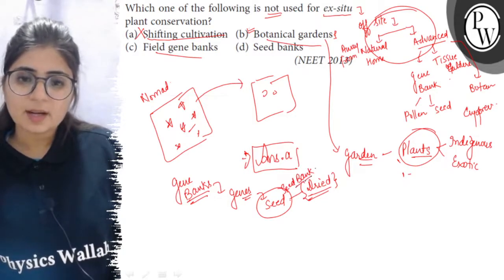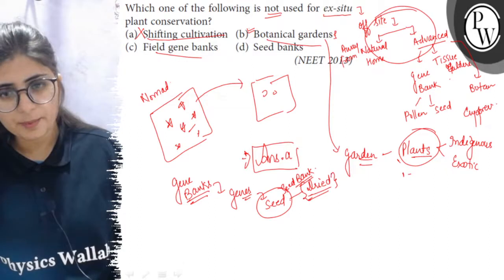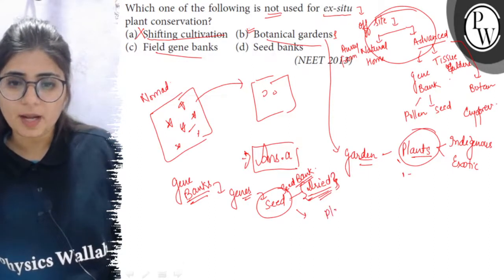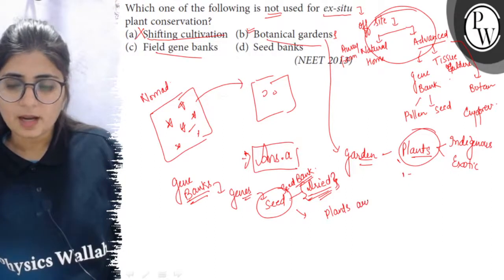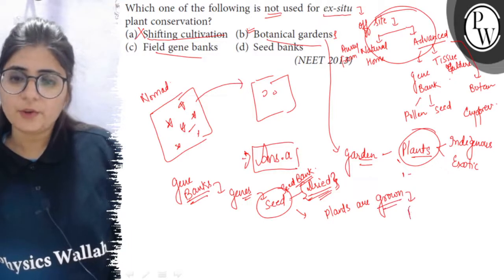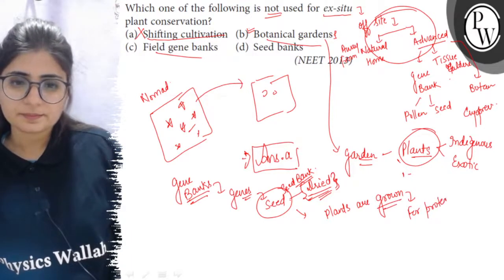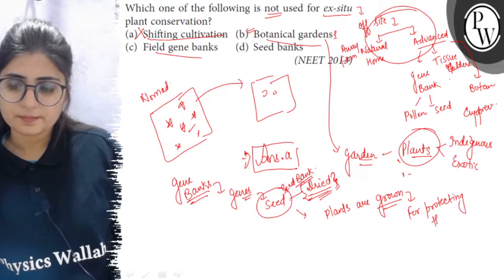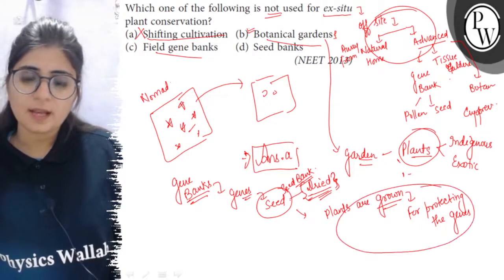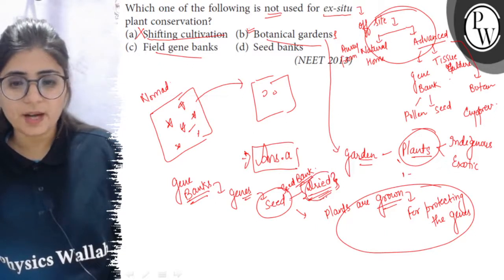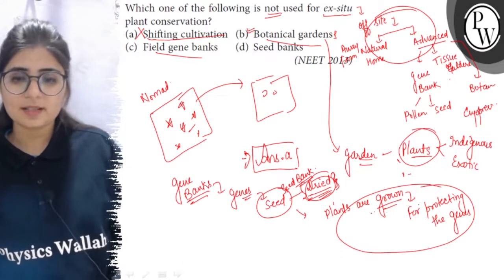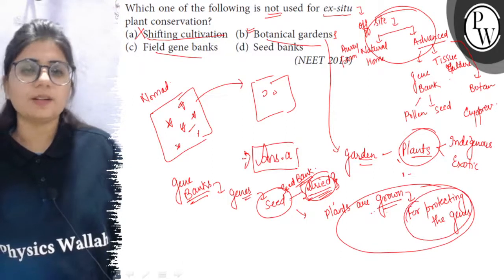But in some plants, the preservation of seeds in dry condition is not possible. So if the seeds cannot be stored in dried condition, then these seeds are grown, and by growing the seeds, the genes of plants are protected.